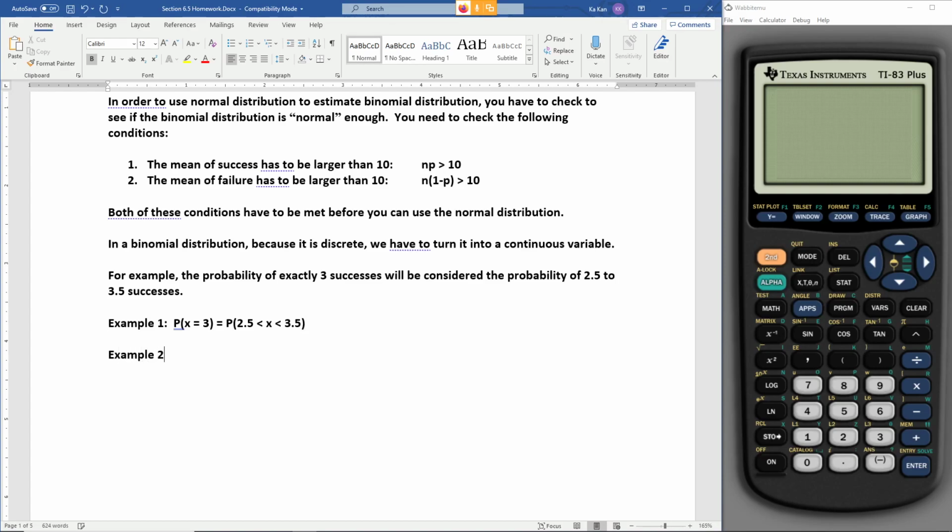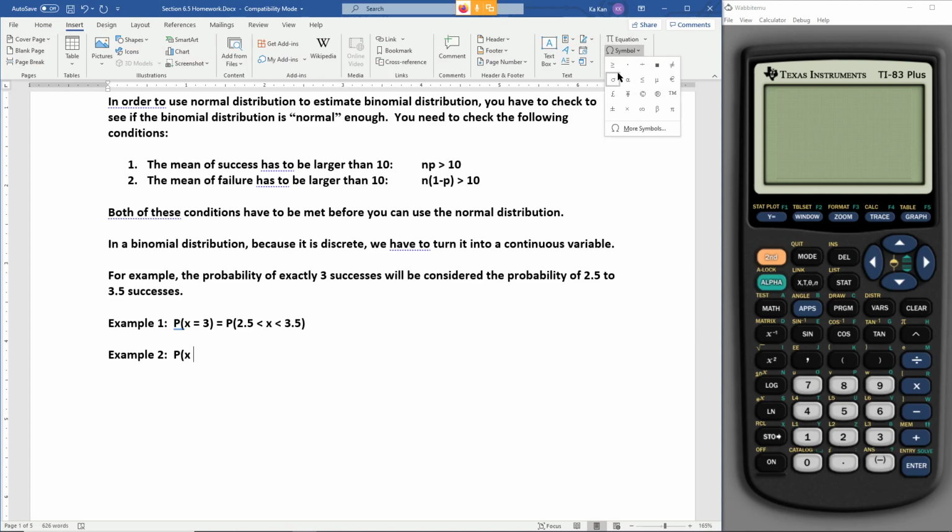Example 2. Probability of x less than or equal to 3.